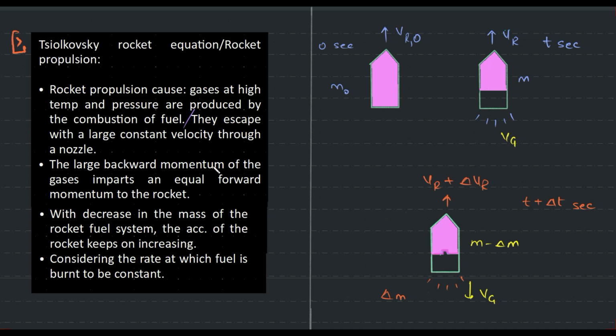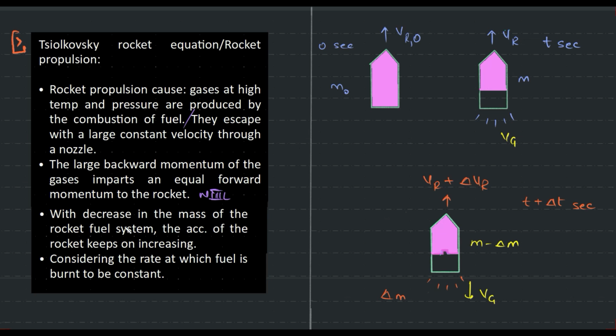The large backward momentum of a gas imparts an equal forward momentum to the rocket. This is as per Newton's third law. Right? The gas you burn, they have to go somewhere because it's expanded, it has less space. So it will be redirected such that they go down or opposite to the movement of the rocket.